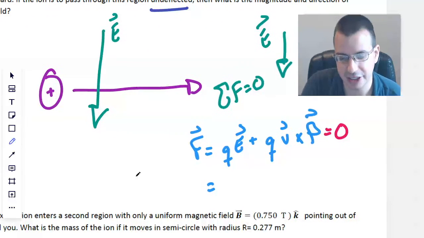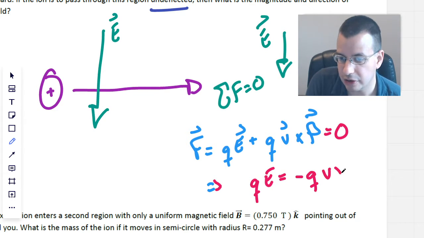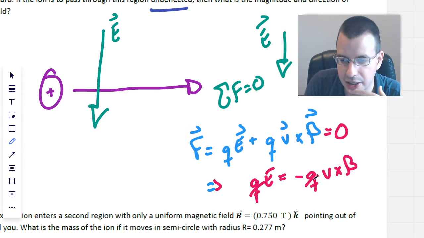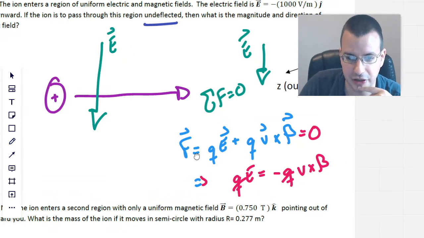So turn this equal sign into an arrow, and we get QE equals negative QV cross B. I'm not going to worry too much about the sign because I'm just going to think of it in terms of arrows and vectors.